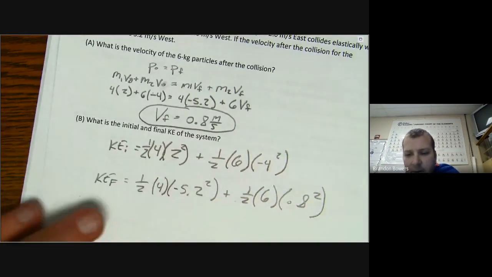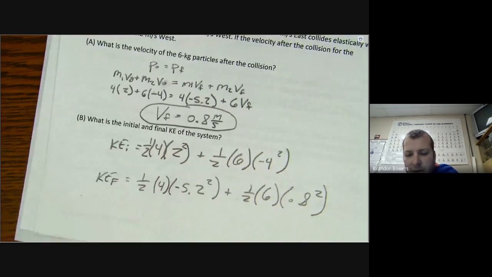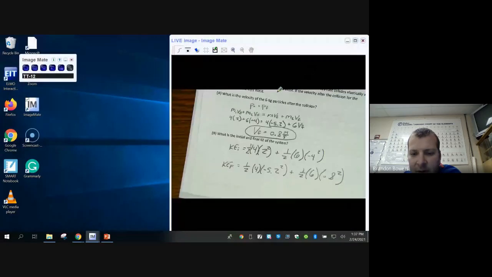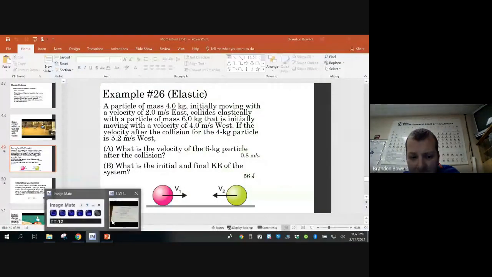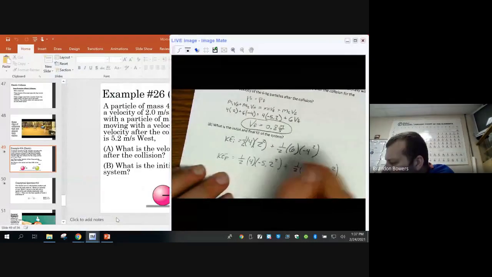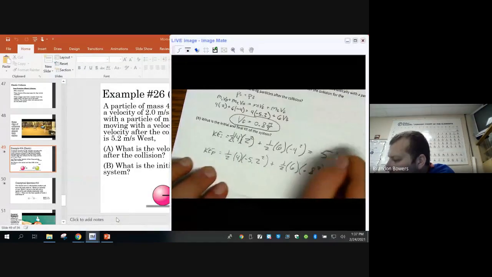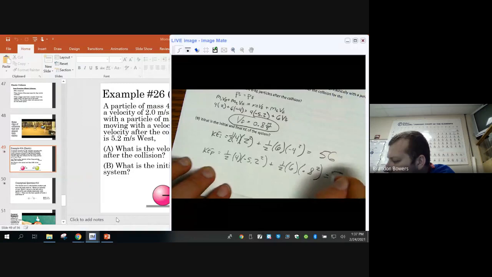Now, when you calculate the initial and final, what you're going to see is both of those equal 56 joules.